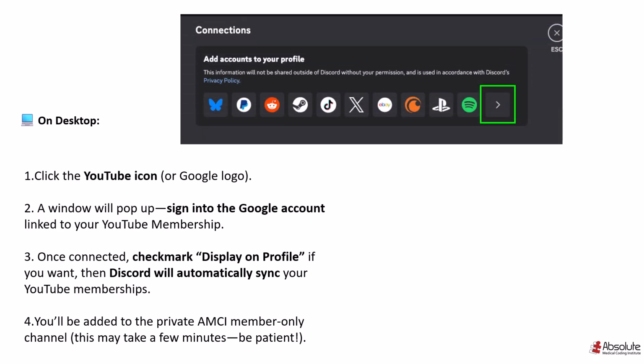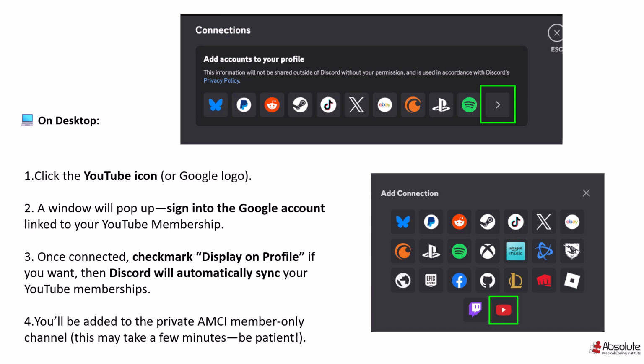Then you're going to see all of the platforms that you can connect to. And you're not going to see YouTube right away because it's at the end. So click the continue button until you come to YouTube. Then follow the prompts. Now make sure you use the same email that you use with your YouTube channel, okay? Make sure your Discord and your YouTube emails are the same.